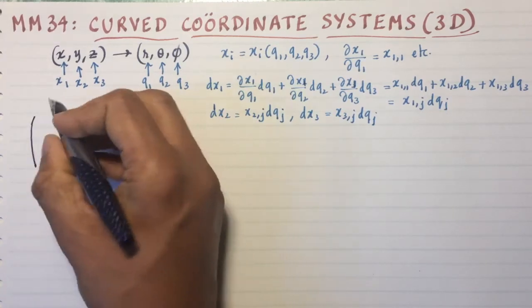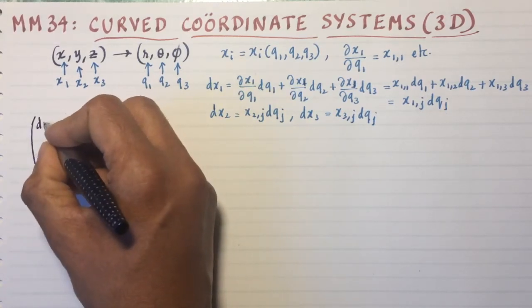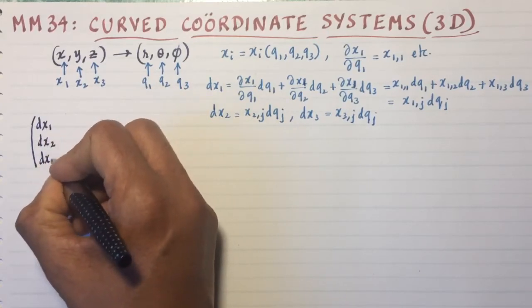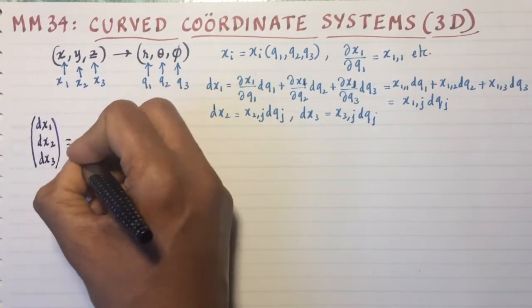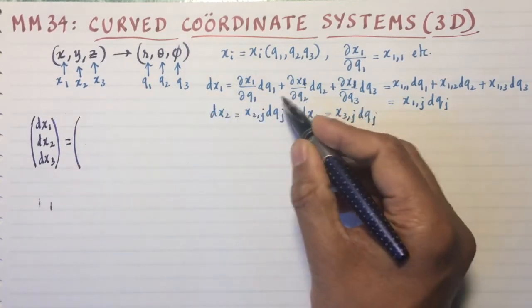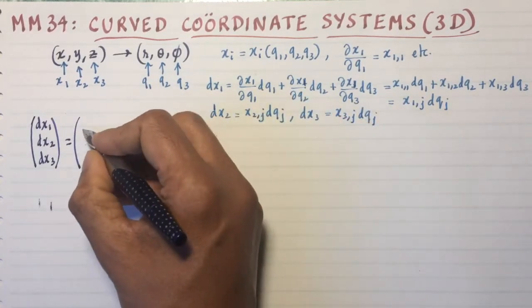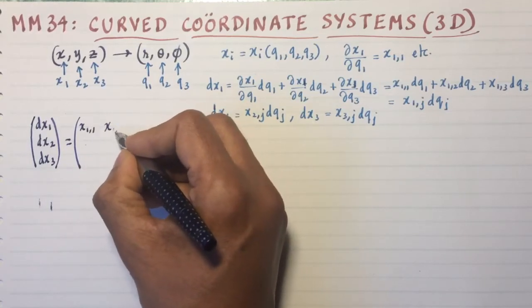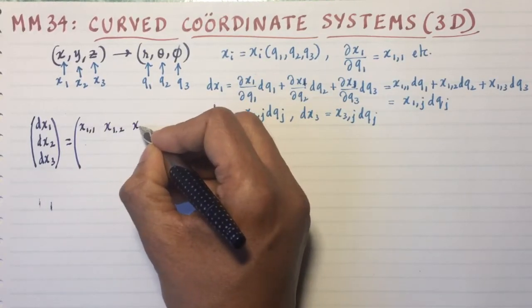You can write these dx1, dx2, and dx3 in a column vector, and all these coefficients as elements of a matrix. So I'll write that as x11, x12, x13.